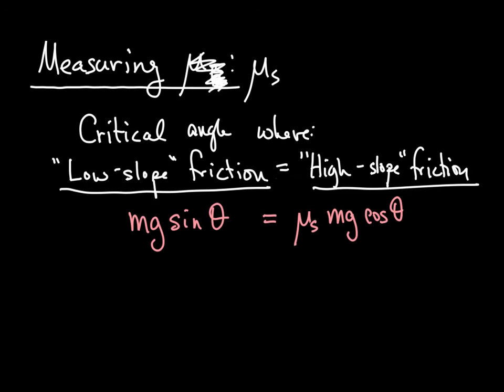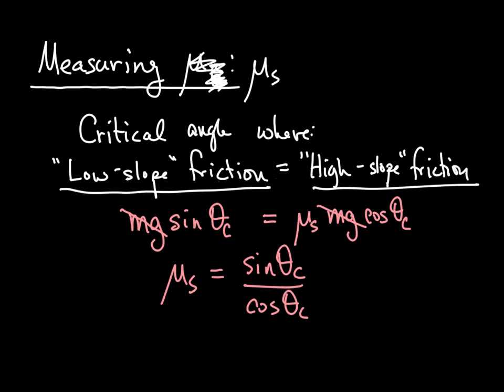So we can set these two equations equal to each other. We can then say, all right, mg cancels out, and this is true for some special critical angle. Mu sub s is then just sine theta critical over cosine of theta critical, which is the same as tangent.